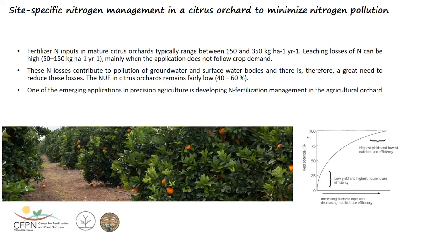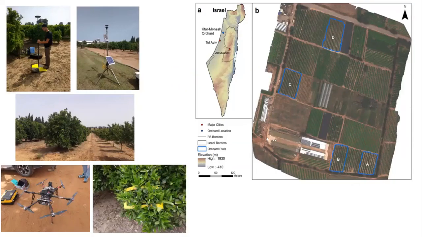This is an example of a citrus culture. In here, we're working with multispectral imagery. The main idea is to improve the nitrogen use efficiency in the orchard, and to develop site-specific management. The way to apply that is by using different drone applications.